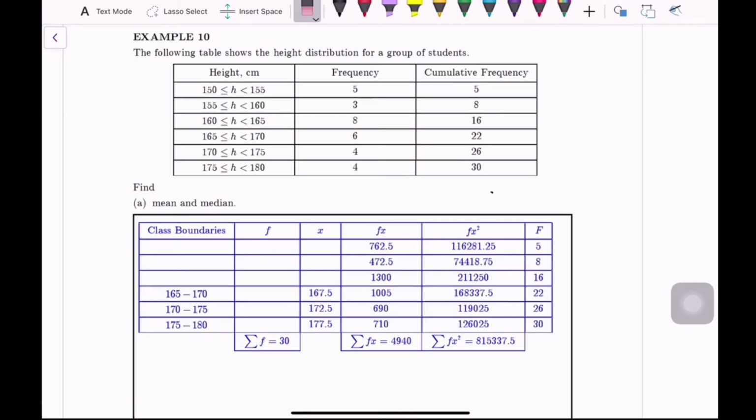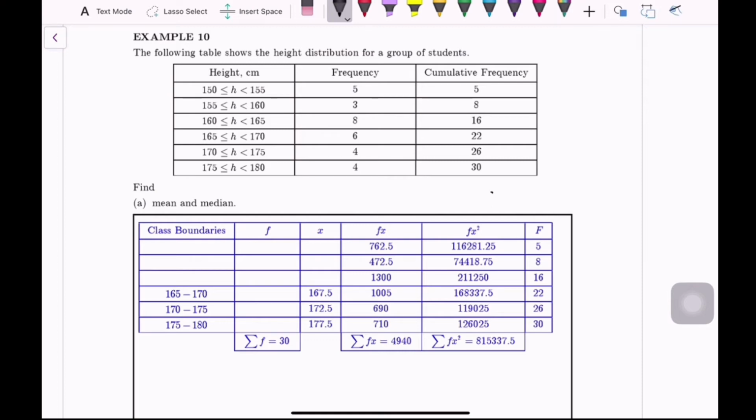Example 10. The following table shows the height distribution for a group of students. The height, frequency, and cumulative frequency are as below. Find the mean and median. First, we draw the table and write the class boundary.